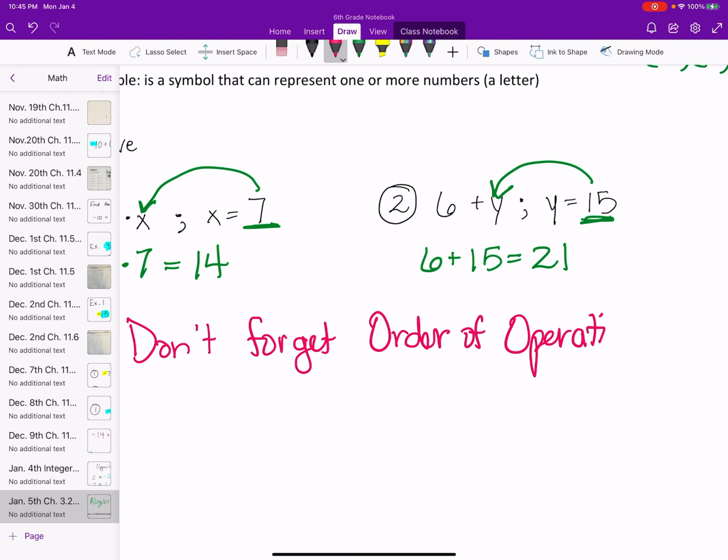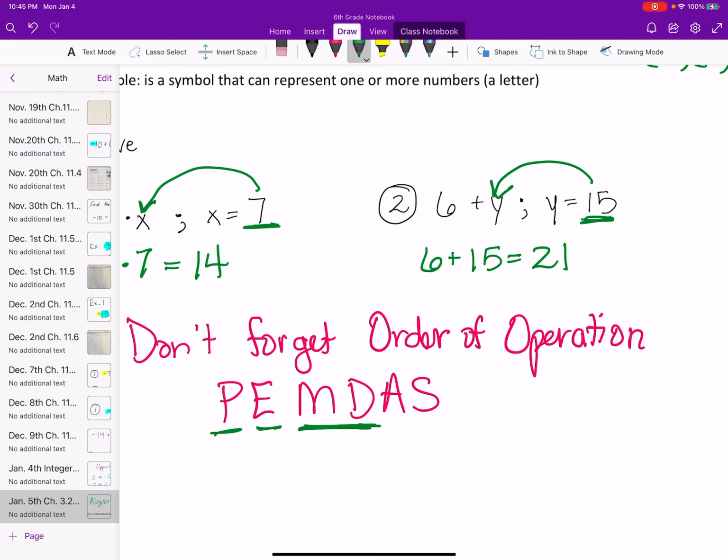Remember, that's your PEMDAS, please excuse my dear Aunt Sally: parentheses, exponents, multiply and divide, left to right, add and subtract, left to right. I'm going to write your little arrows so you remember the left to right on those.